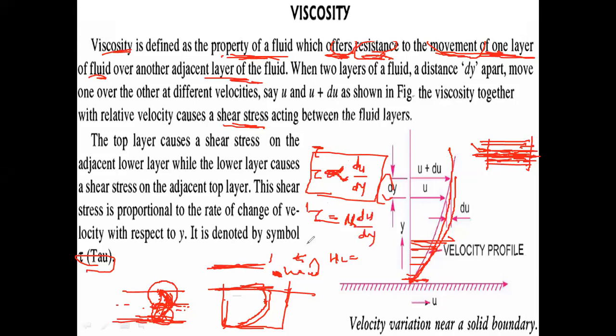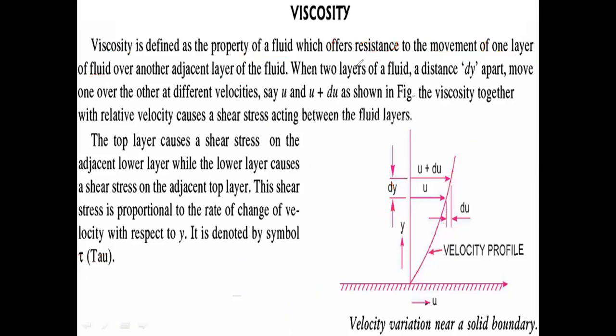Okay, so this is the mathematical expression that we use to find out the dynamic viscosity, or to find out the velocity gradient, or to find out the shear stress. Okay, if the other two values are given, we can find out the remaining third value with the help of those two values. Okay, is there any doubt in this?